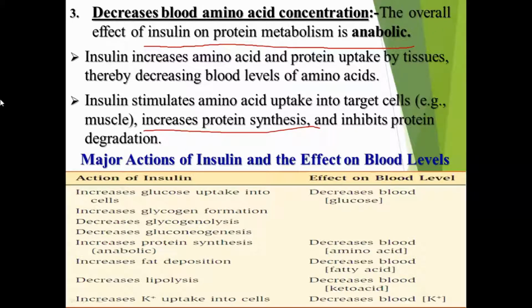Increased protein synthesis decreases the amino acid level in blood. Increased fat deposition decreases blood fatty acid concentration, decreases lipolysis, and decreases blood ketosis. Then it increases potassium uptake into cells, which will decrease blood potassium level.